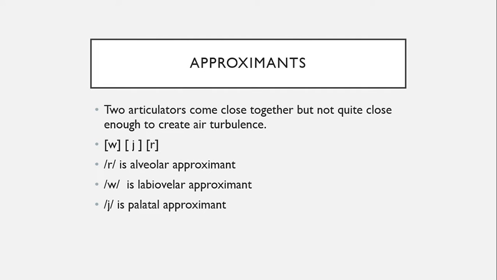For example, w, y, and r. Articulators are coming close, but there is no stoppage of air, and there is no friction like that produced in fricatives. So w, y, and r.